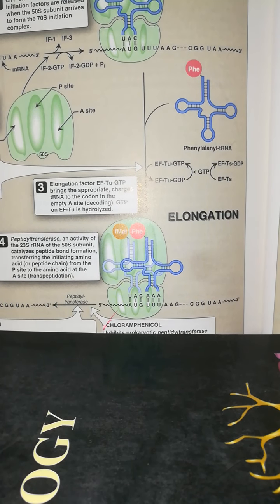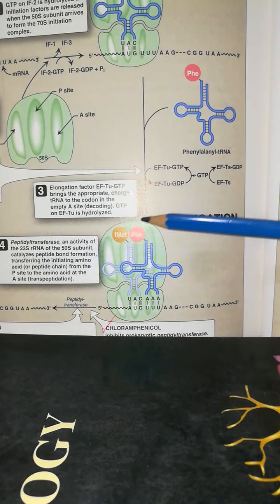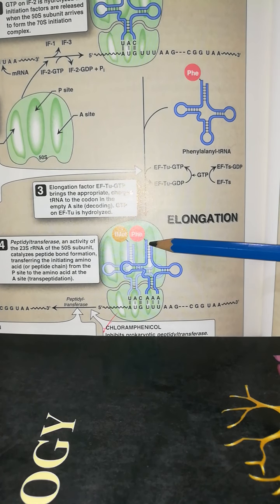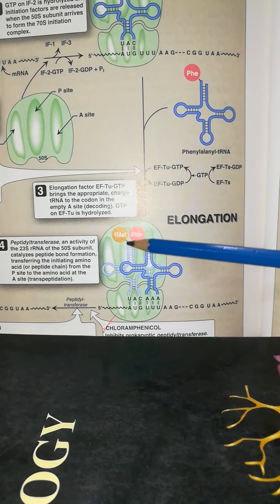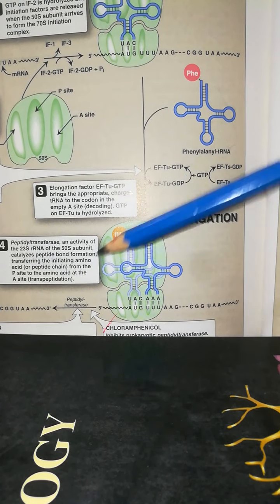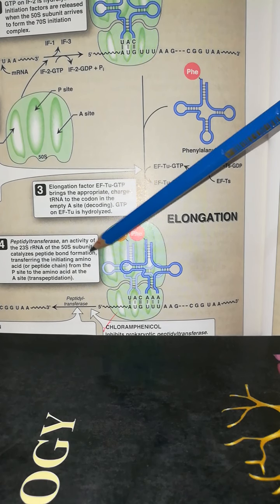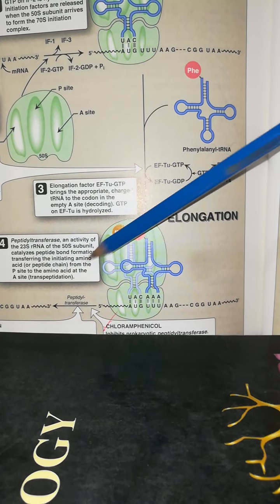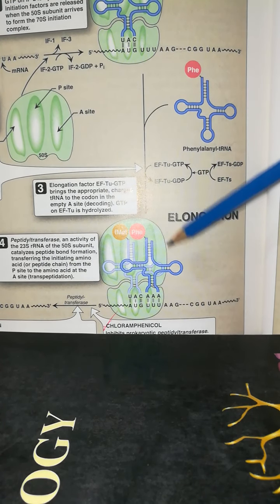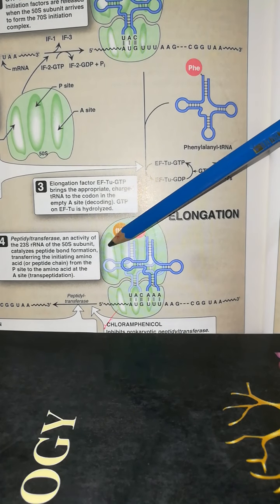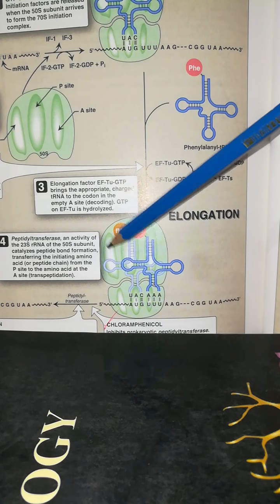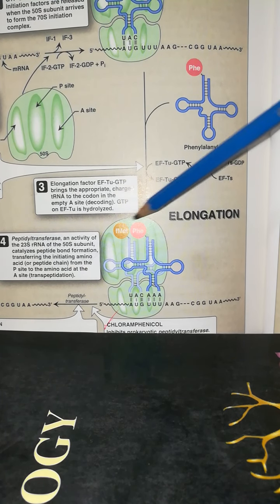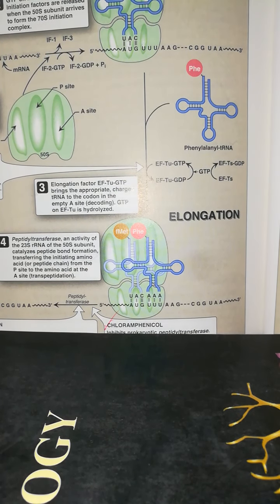So the new tRNA enters through the A site, and the tRNA from the A site goes to the P site, and the tRNA from the P site goes to the E site, and the tRNA from the E site comes out from this initiation complex, or from this ribosomal subunit. It means this tRNA comes out from this initiation complex and recycling occurs.